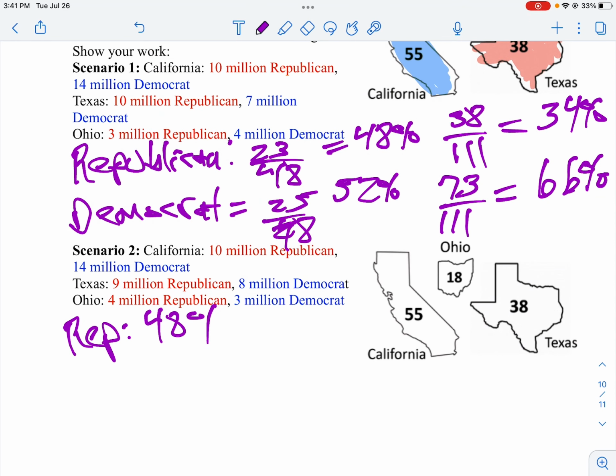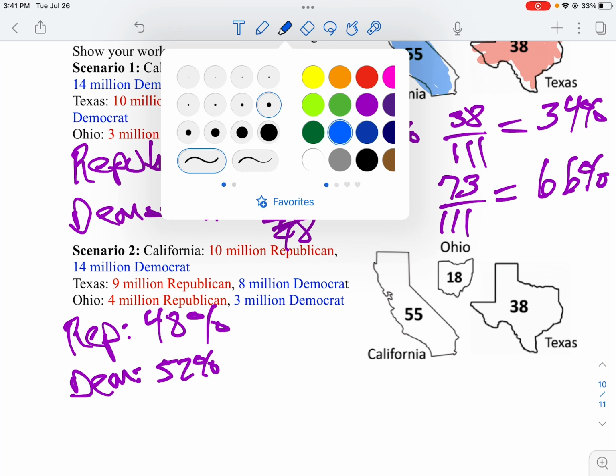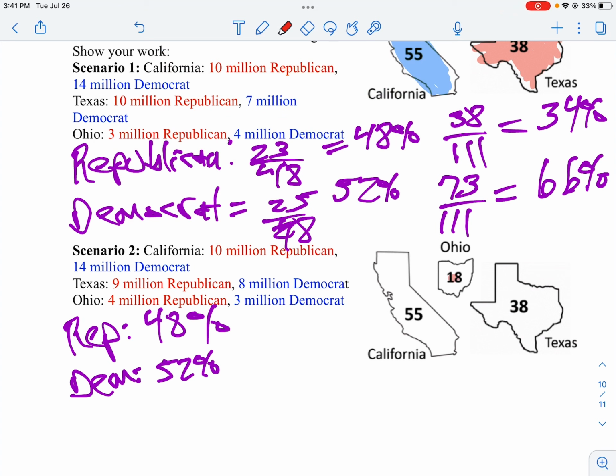And the Democrats are going to be 52% of the popular vote. But now, because of that switch, notice what happens. Ohio is going to switch from Democrat to Republican. And so they take all 18 of their votes and they go with Texas in the Republican column.